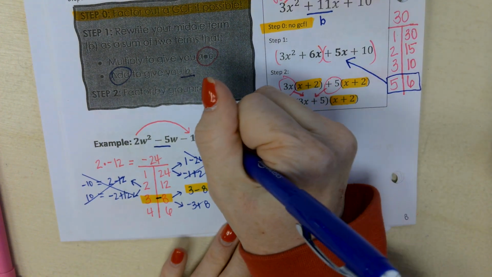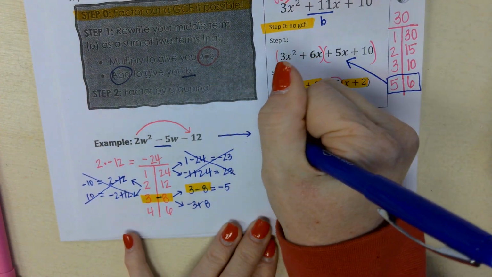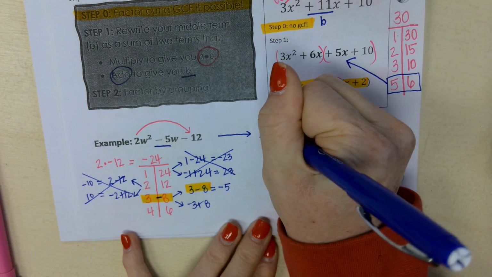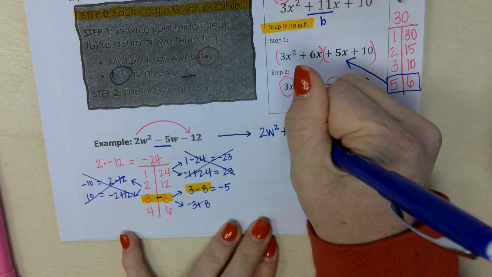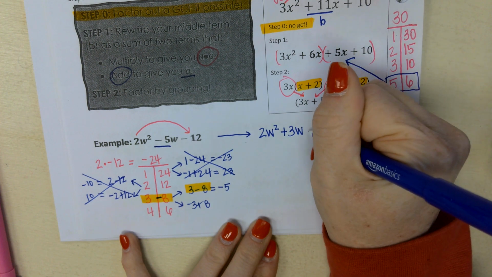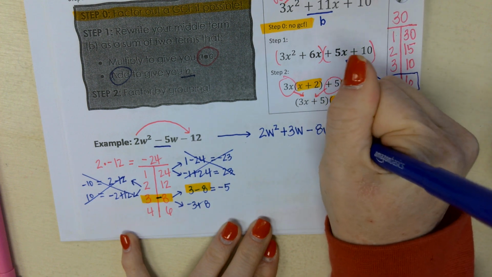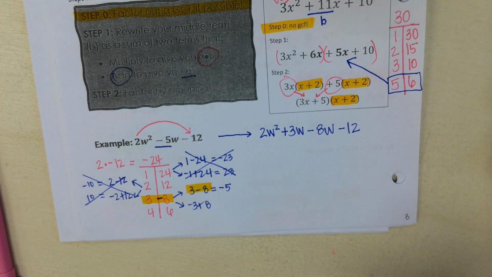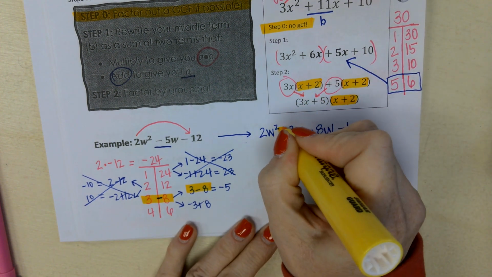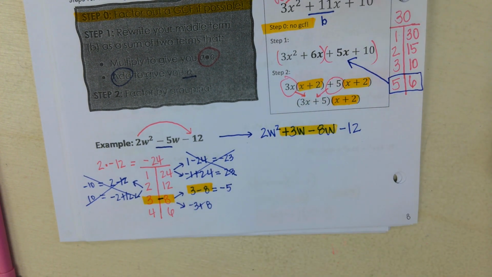That is how I'm going to split the middle. Okay? So this is 2w squared plus 3w minus 8w minus 12. The only thing that I did here, friends, was split the middle two terms.